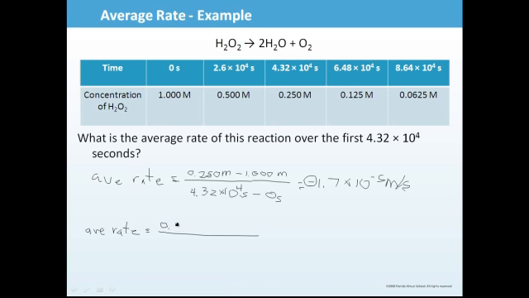So we got 0.0625 minus 0.25, and that would be over 8.64 times 10 to the 4th minus 4.32 times 10 to the fourth.